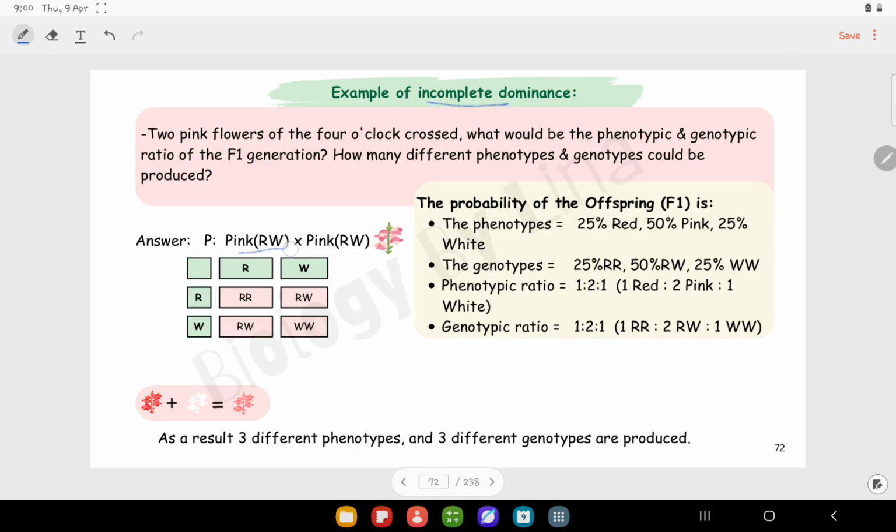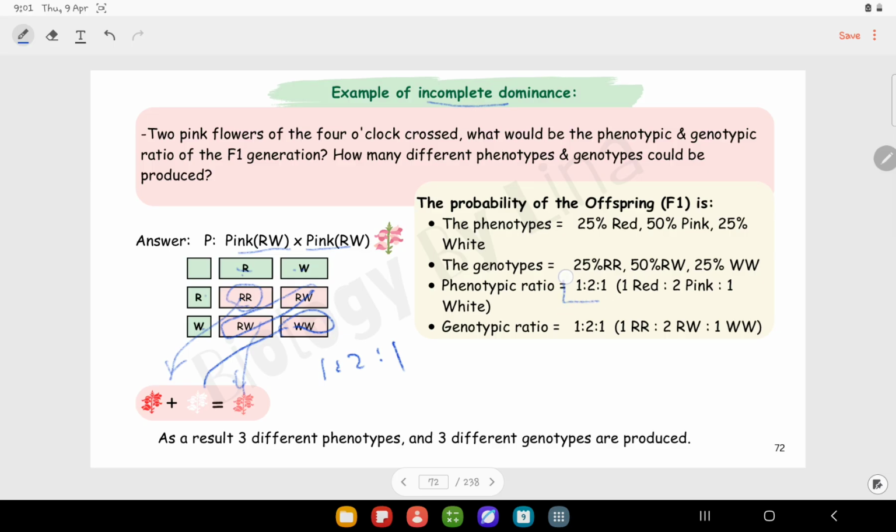As we said before, if we cross pink with pink, here we have RW, which is for pink flower, Snapdragon, and RW. As you can see, one of them will be red, RR, two of them will be pink, RW, and one of them will be white. So we get this ratio 1-to-2-to-1.